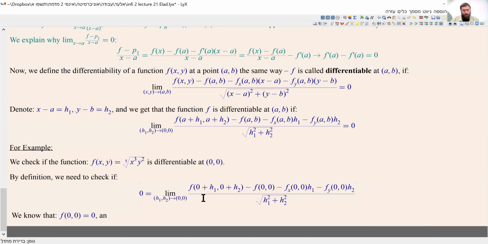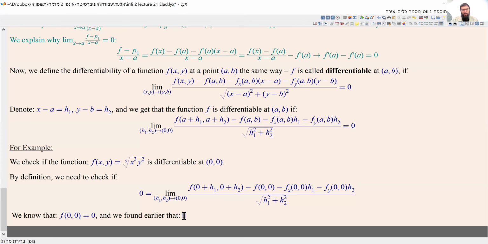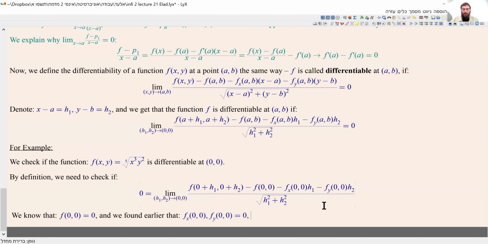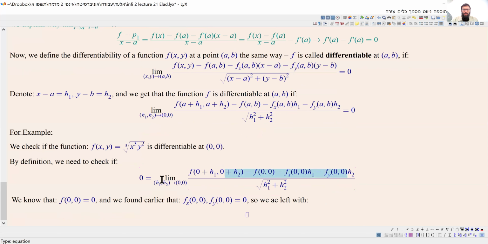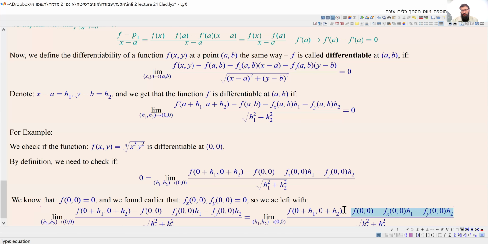And we found earlier that both the derivatives are 0 here, for x and for y. So we are left with the following limit. It's only f of (h1, h2).